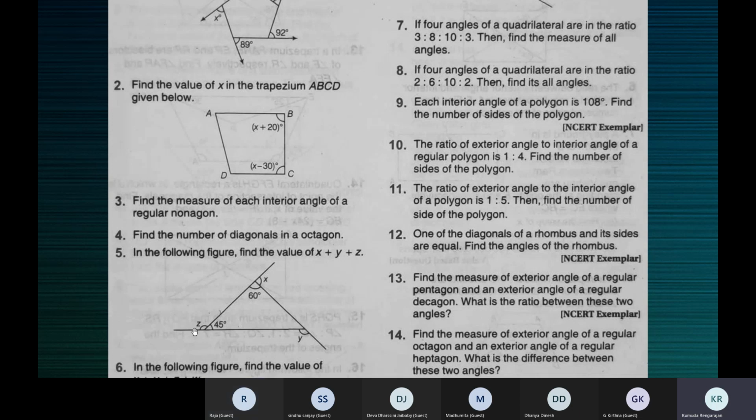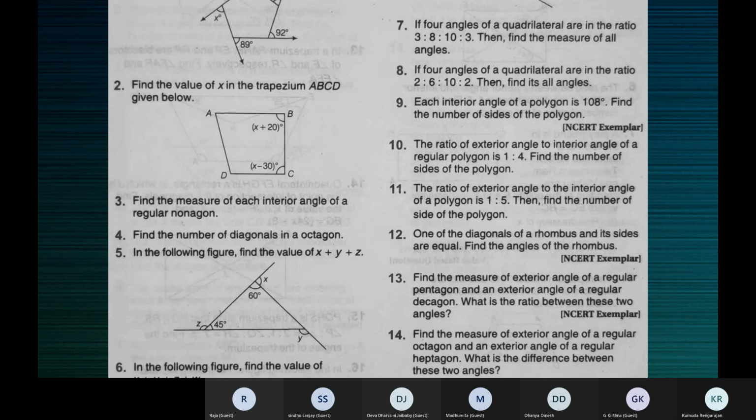In the same way, tell me for Z and 45. Do Z and 45 stand on the same line? Yes, ma'am. From here to here is Z, and from here to here is 45. So clearly Z and 45 stand on a straight line.